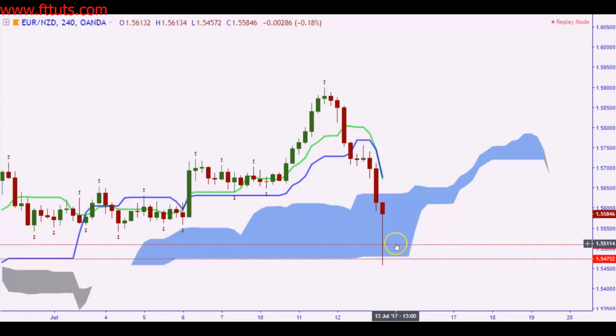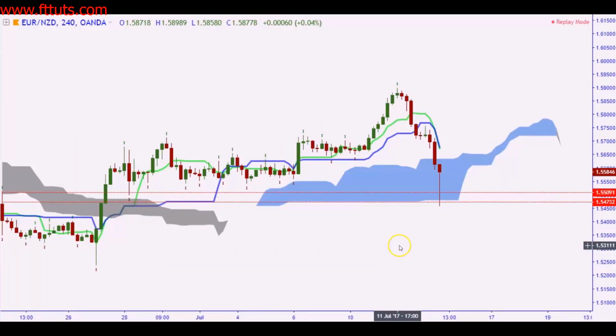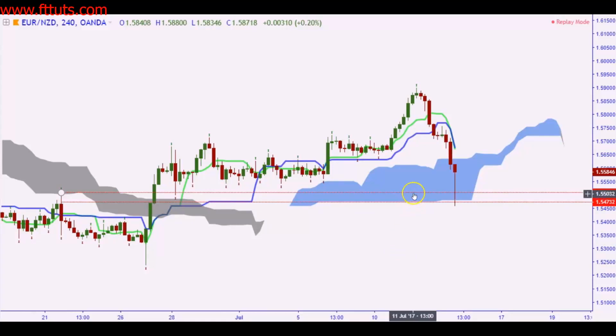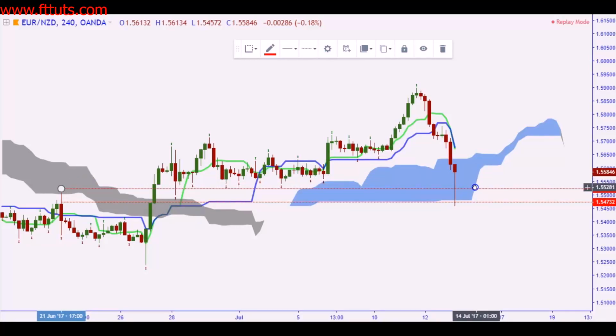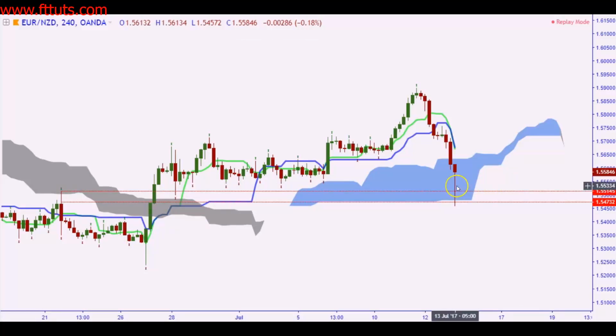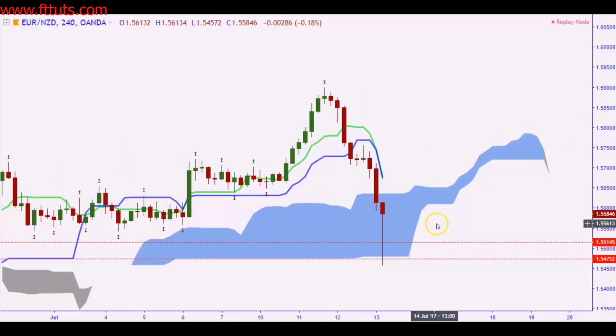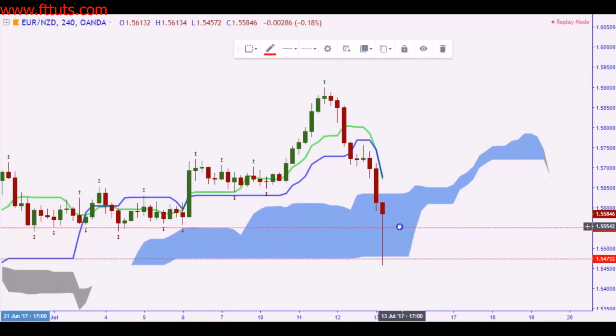I prefer it to be like this, because now I know this is a support level. My real support level doesn't hit till here. All right, so knowing that, all this is free space for the market. So I really want to see my rejections here.